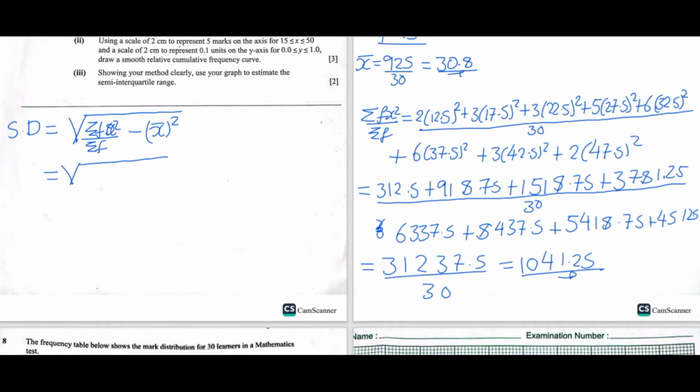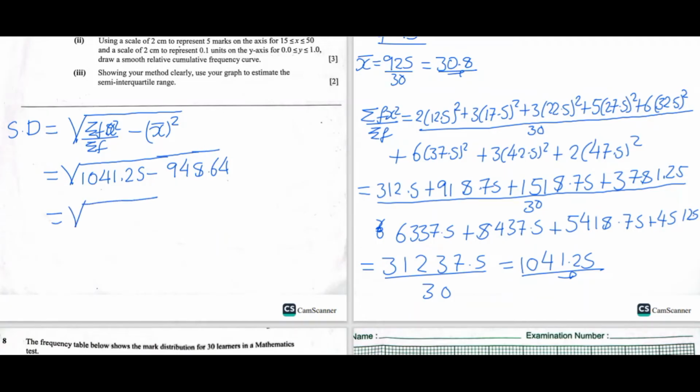We have calculated the summation of f of x squared over the summation of f, so that is 1,041.25 minus the mean squared. The mean is 30.8, so we need to square it. 30.8 raised to the power 2, I'm getting 948.64.